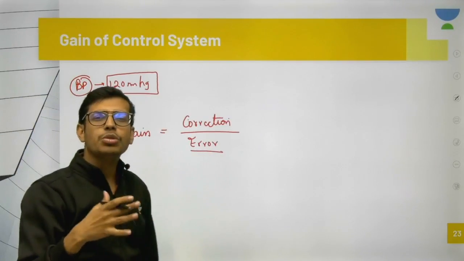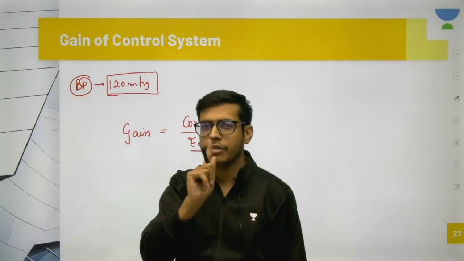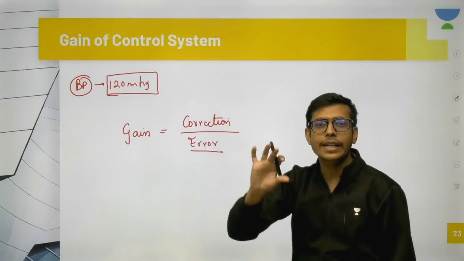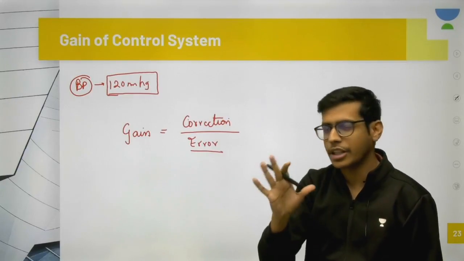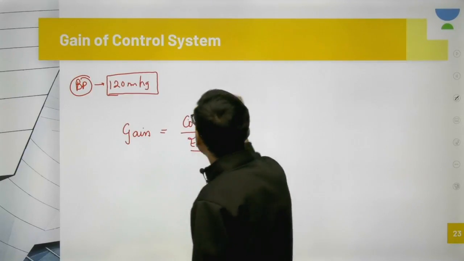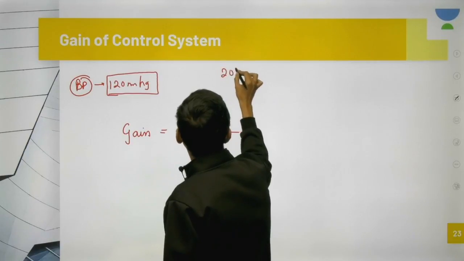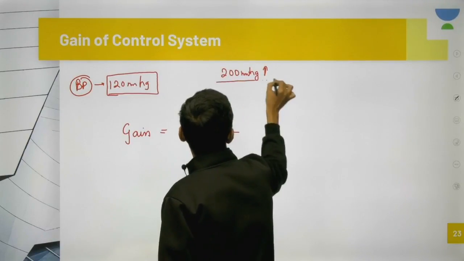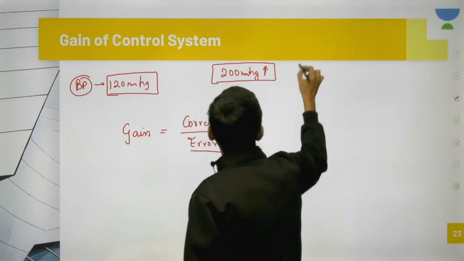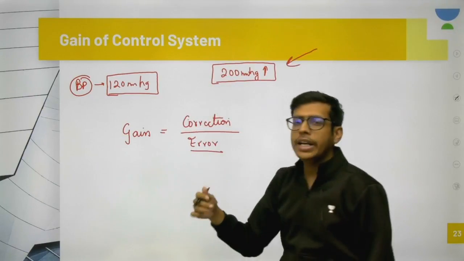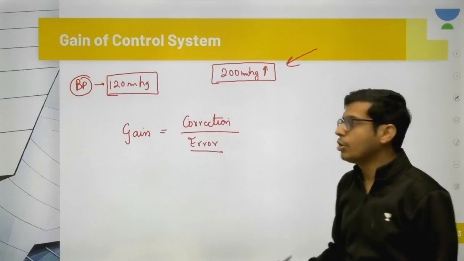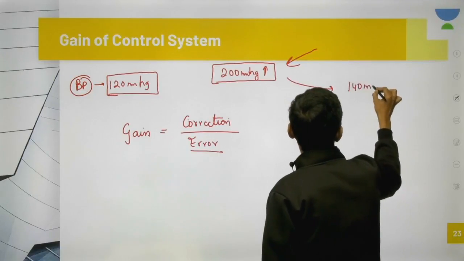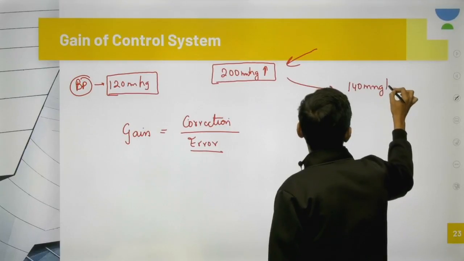What do you mean by these two terms, correction and error? First, suppose my normal blood pressure was 120 mm of Hg, hypothetically, and this blood pressure somehow rose to 200 mm of Hg. And instantly my negative feedback control acted on it and brought it to 140 mm of Hg, which is bearable within the normal range.